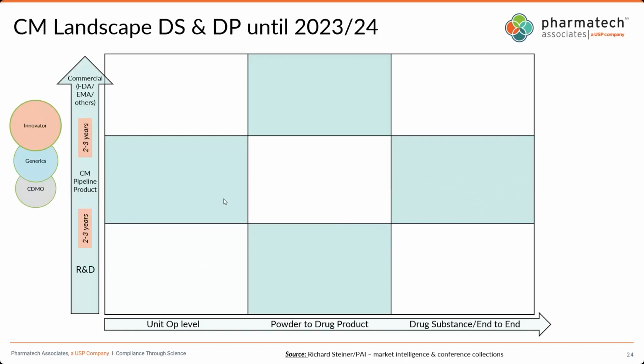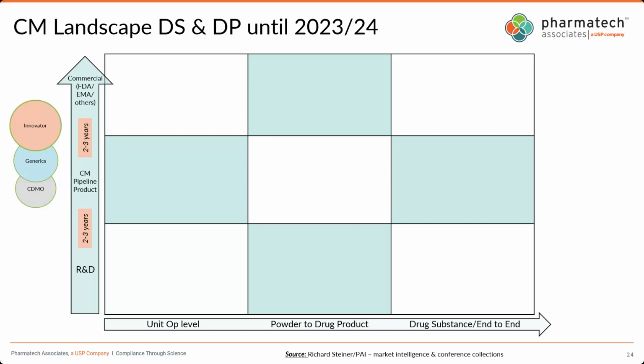And just to explain what you see, it's a kind of a small chessboard, if you will. From left to the right, you have 3 columns. One represents companies implementing continuous manufacturing on a unit operation level, so not necessarily linking up 2 or 3 units, but just starting with one unit operation for whatever reason.